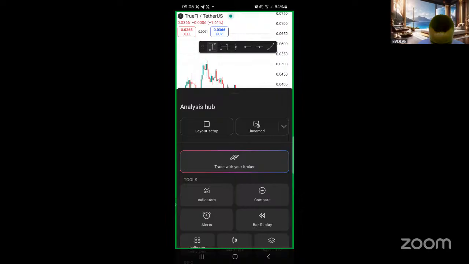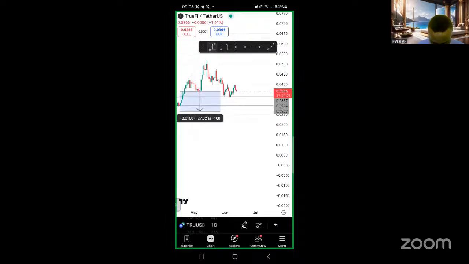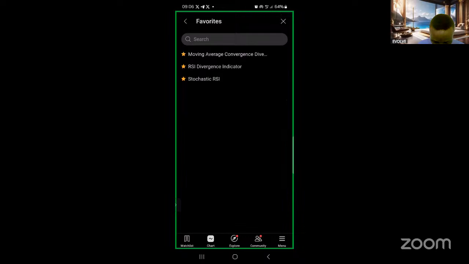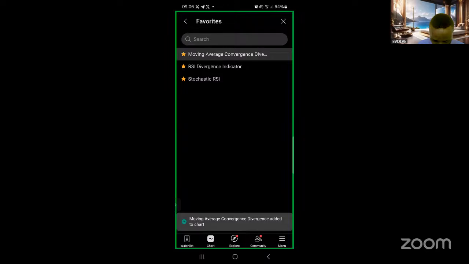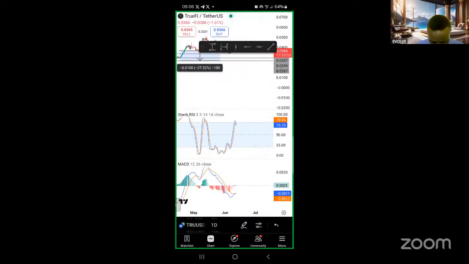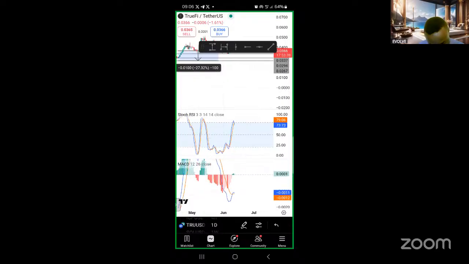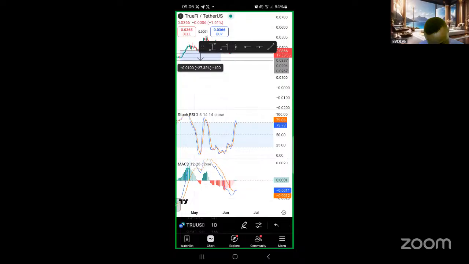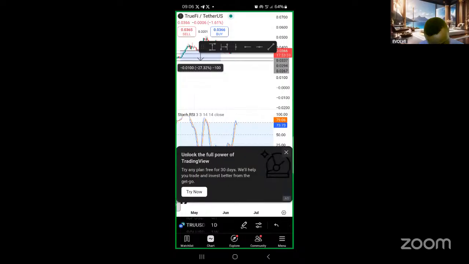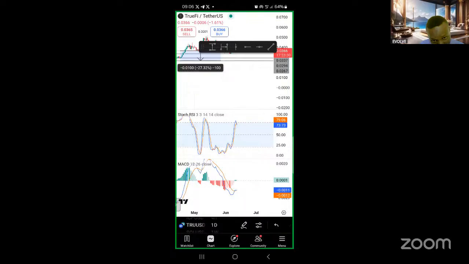Let me bring my indicators here. Put stochastic RSI and MACD. Let me look at this. How many of us are seeing a golden cross? It just formed.